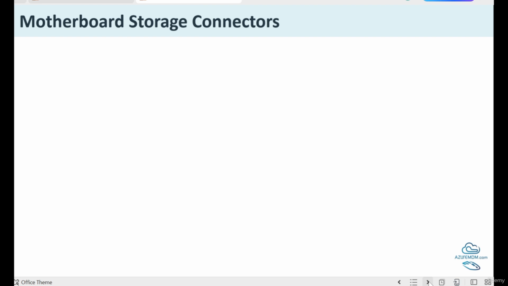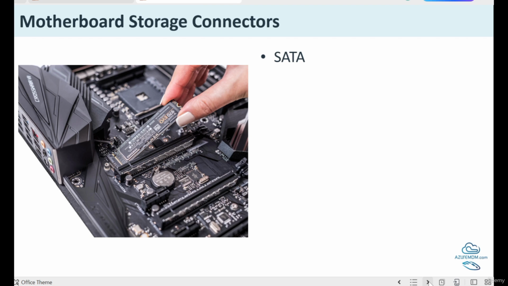Alright, now we will talk about the motherboard storage connectors. SATA. It is the older flat cable connector for the HDD, that is hard disk drive, and SSDs, that is solid state drive. It is good for basic storage but slower than newer options. The common speed is around 600 MB per second, that is 600 megabytes per second. M.2.